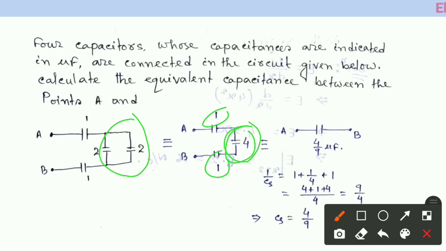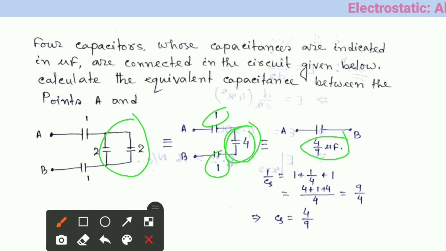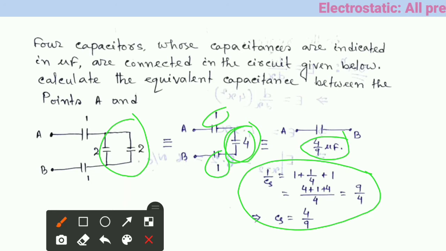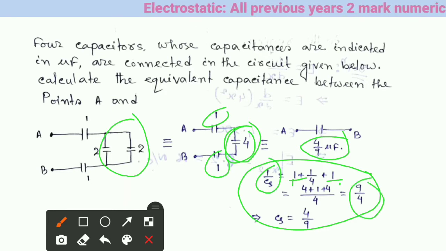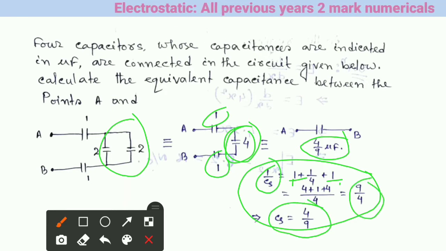So the equivalent capacitance between A and B will be 4 by 9 microfarad. Calculation is like that: 1 by Cs is equal to 1 by 1 plus 1 by 4 plus 1 by 1. So 1 by Cs is equal to 9 by 4. So Cs is equal to 4 by 9.